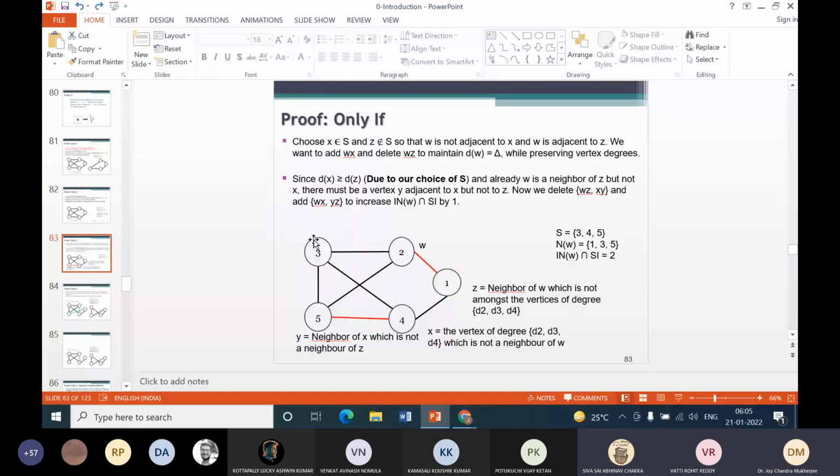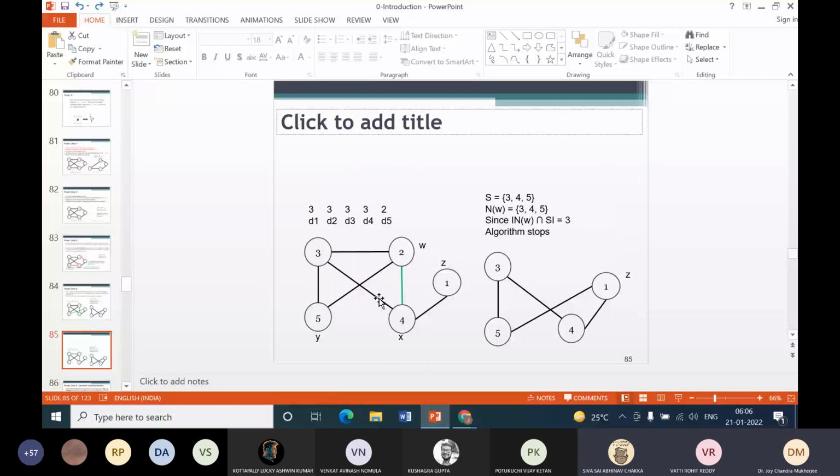Now we delete WZ and XY. I will delete this WZ, and this is my XY, and then I delete WZ, and I will create like this.